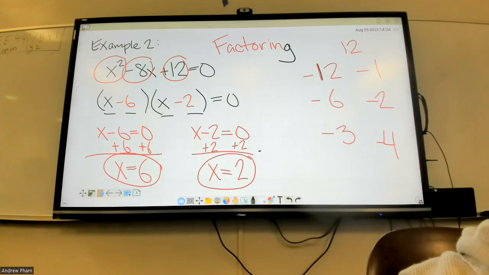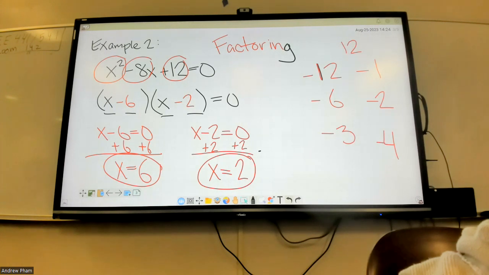We had 3 ways to make 12. But you can imagine, what if instead of 12 at the end, it was 2000. There's a lot of different ways that you can make 2000 with a lot of different pairs of numbers. So one of the cons of factoring is that if you have really large numbers at the end and the beginning, sometimes it can be a little bit of a guessing game where you're guessing which numbers and then you're just checking it through.